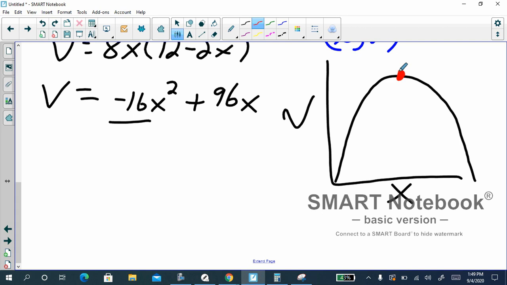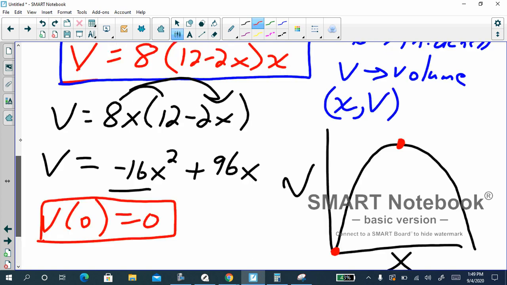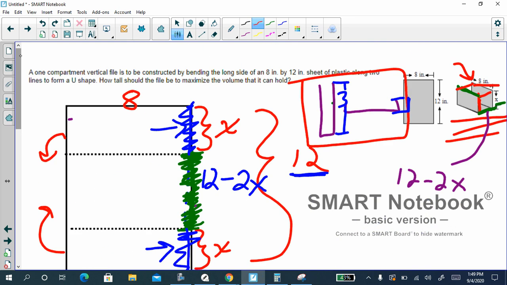So we're going to have a maximum. If we were to put 0 into our function, notice v of 0 would be 0. 0 squared times 16, 96 times 0, and then add those together, we would get 0. Meaning that if we didn't put a crease in the end, or put a crease in it, we would have no volume.